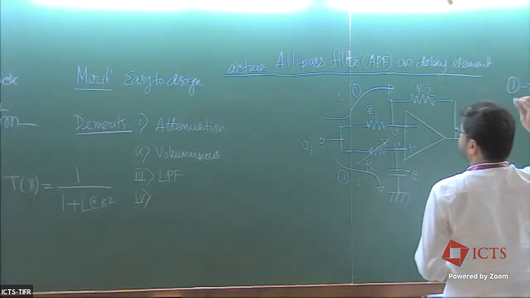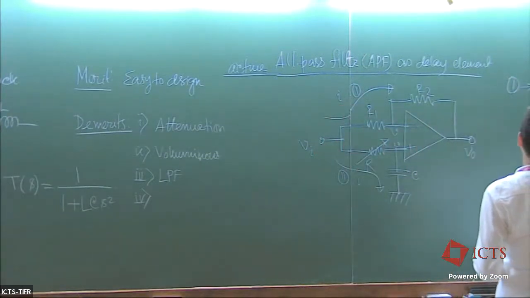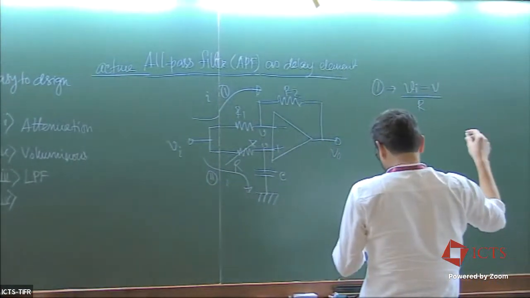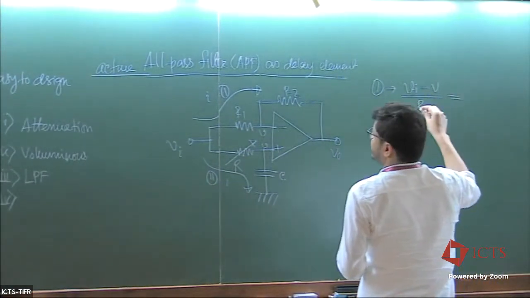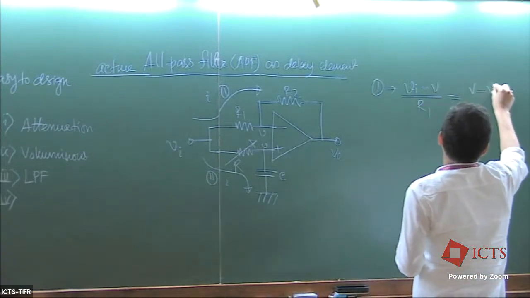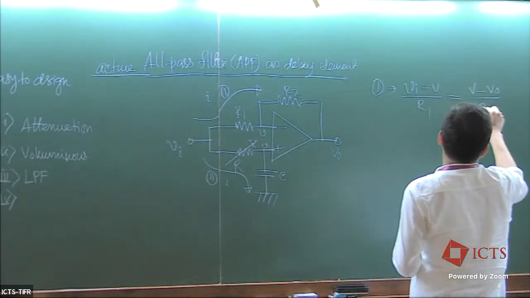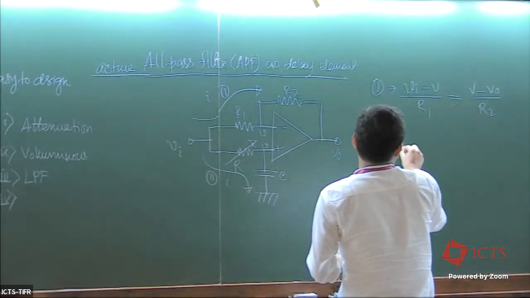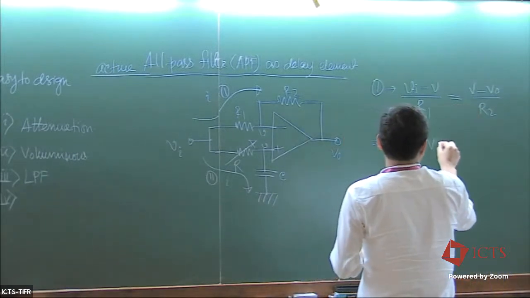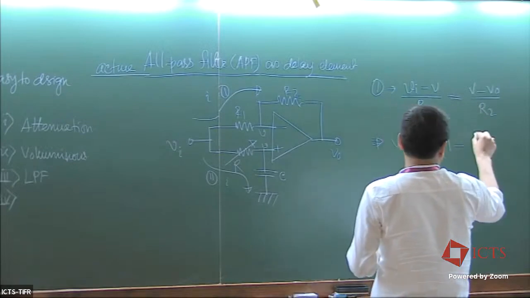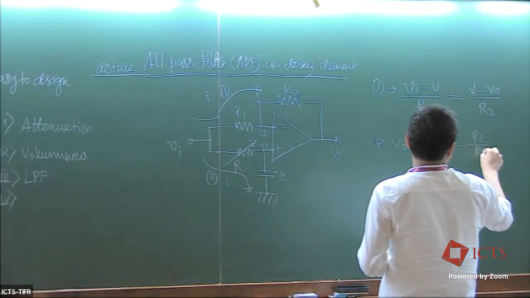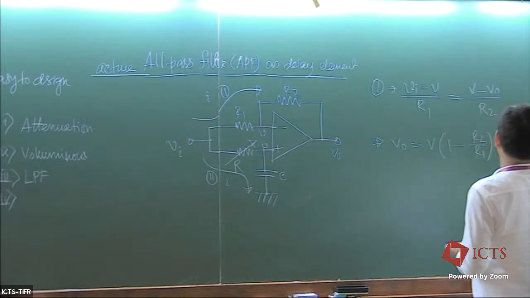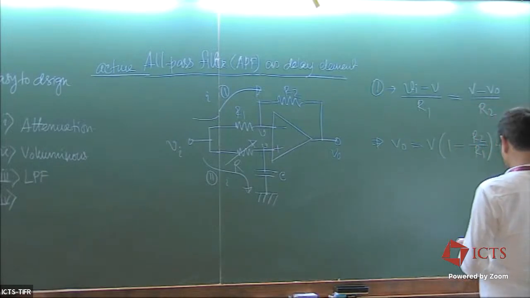In one branch, VI minus V divided by R1 is equal to V minus V0 divided by R2. It eventually gives V0 is equal to (1 plus R2 by R1) V minus R2 by R1 VI.